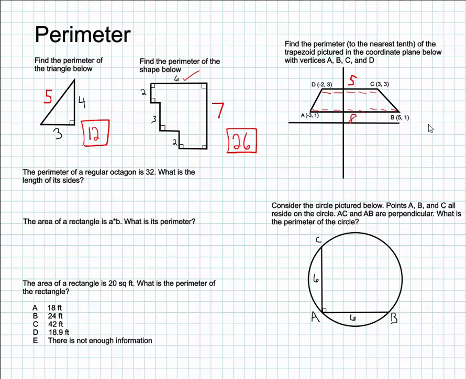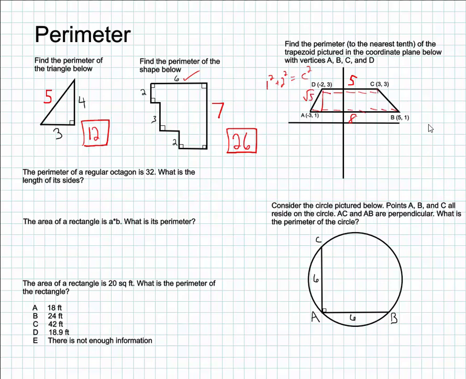Now we need to calculate the lengths of AD and CB. So let's draw in a right triangle right here, and we'll use the Pythagorean theorem to solve for the length of the hypotenuse. We have a base of 1 and a height of 2. So 1 squared plus 2 squared is equal to our unknown, c squared. That gives us the square root of 5 for the length of AD.